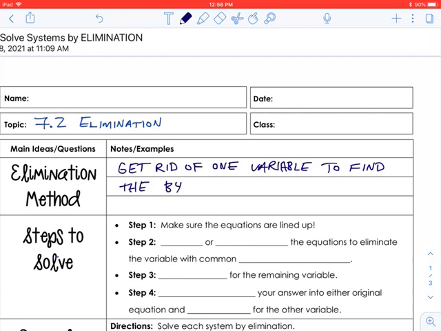And the way we're going to do that is by combining the equations together, okay? And that'll make more sense once we do a couple examples here.